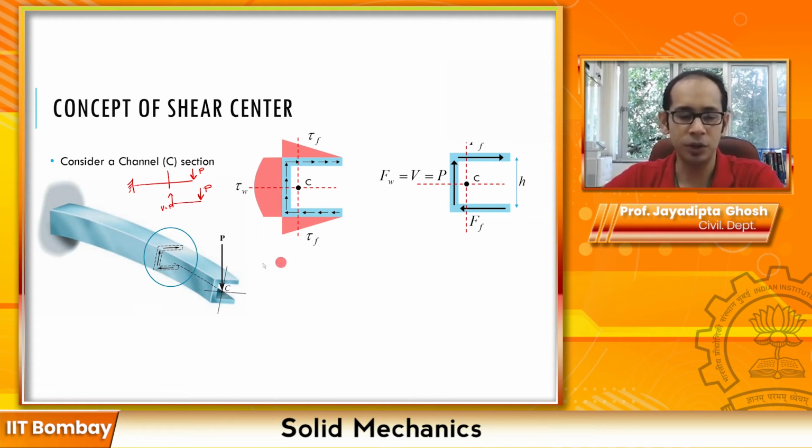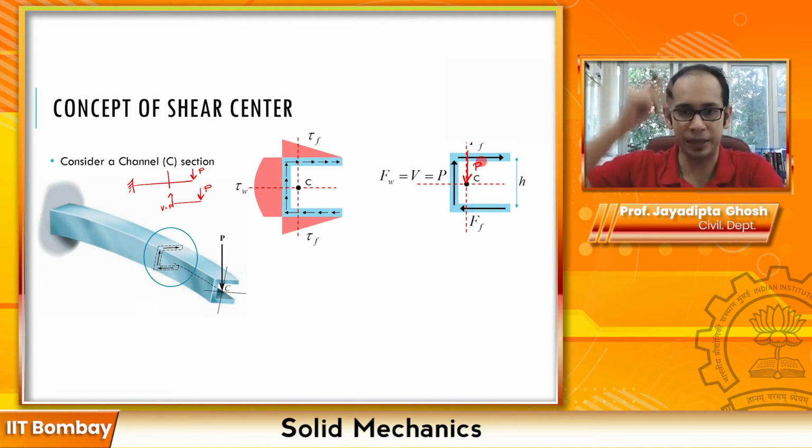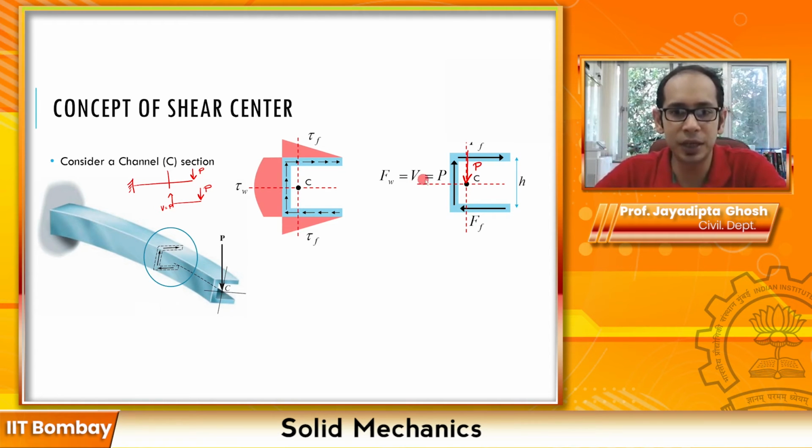And if you look at this entire section, the section which you've cut, from here to here, the line of action of the P at this end is at the center. So this is my line of action of the externally applied P which is acting on that section. Because of that P itself, internally you have that V which is equal to P over here.